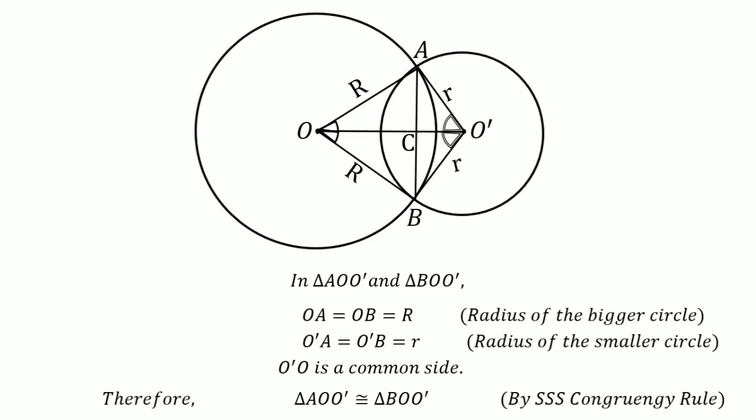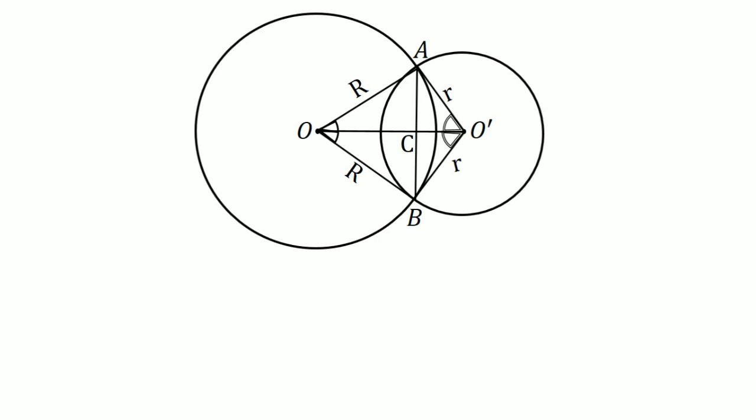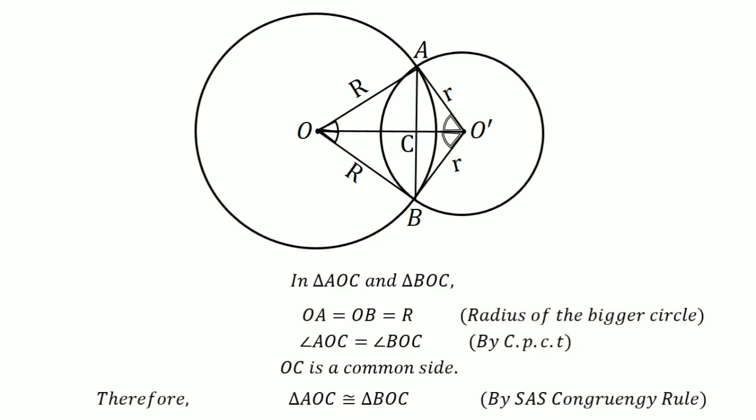Now doing congruence in triangles AOC and BOC, we have that this complete angle is a right angle. One more thing we get is that the common chord is bisected by the line joining the centers of both circles, by corresponding parts of congruent triangles. This is the result that we need to find our final answer.